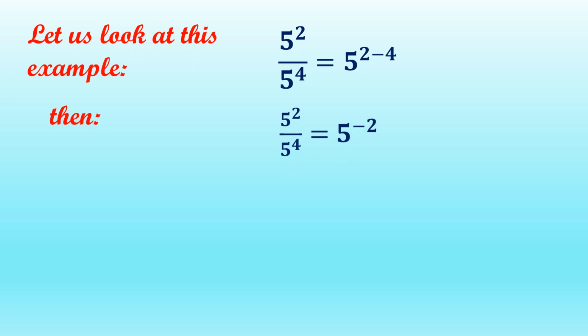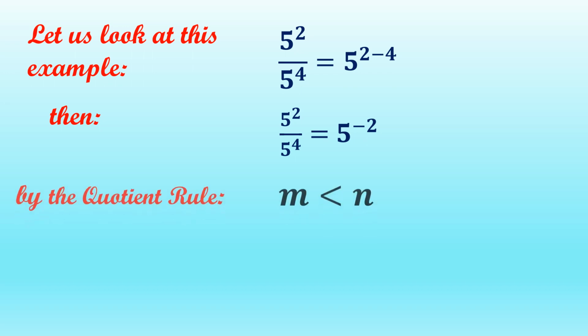Let us look at this example. 5 squared divided by 5 to the fourth power is equal to 5 raised to the power 2 minus 4. Then 5 squared divided by 5 to the fourth power is equal to 5 raised to the negative 2.